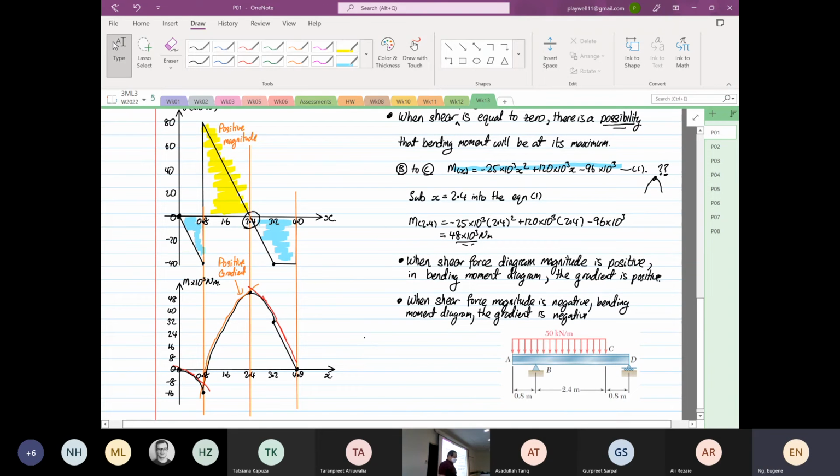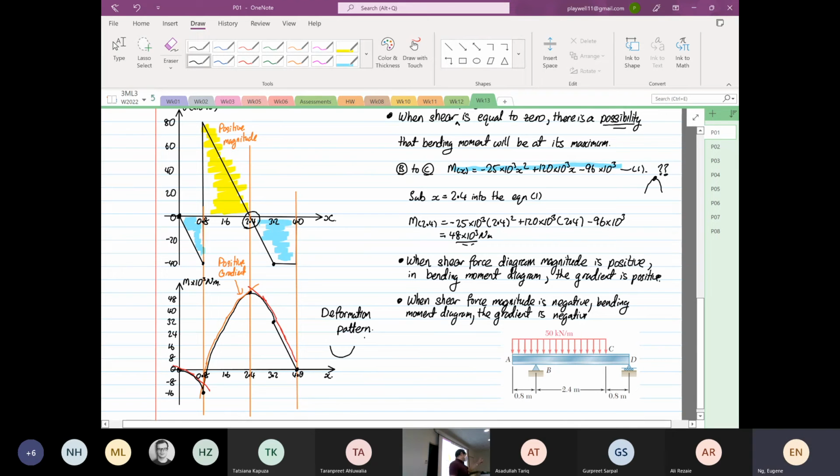Another thing I want to tell you is, what do we mean by positive bending and what do we mean by negative bending? If we look at the deformation pattern, positive bending will induce a sort of smiley face deformation pattern.